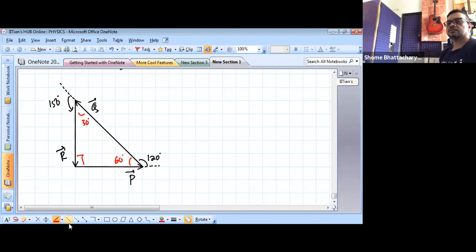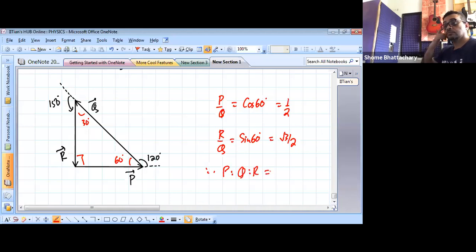You can see that P upon Q is cos 60 or 1 by 2 and R upon Q is sin 60 or root 3 by 2. So therefore you can see that P is to Q is to R will become 1 is to 2 is to root 3.